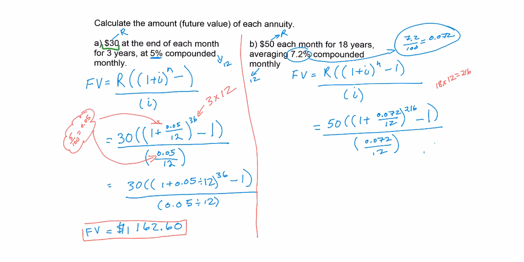Now, by doing so, you're going to get the following answer. And we get the following number. $22,004.36.